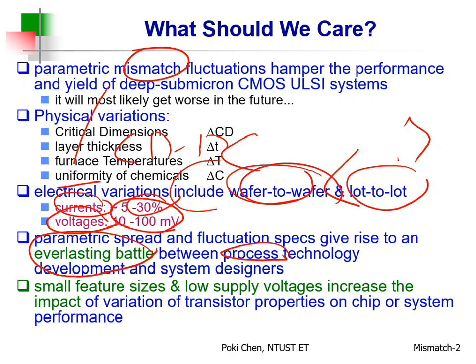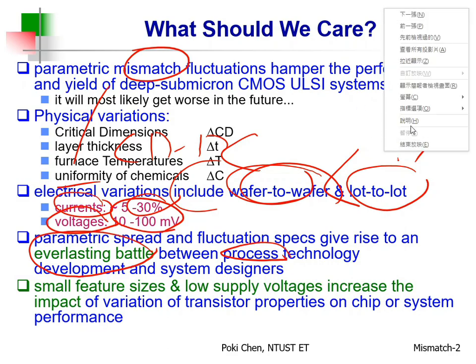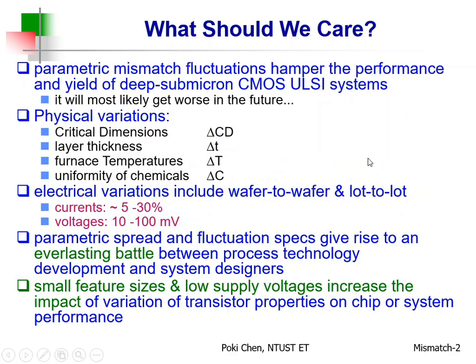And this is the reason why I said this is an everlasting battle between those two kinds of engineers. However, in the end, IC designers need to accept the truth. If something goes wrong, usually it's your own fault.